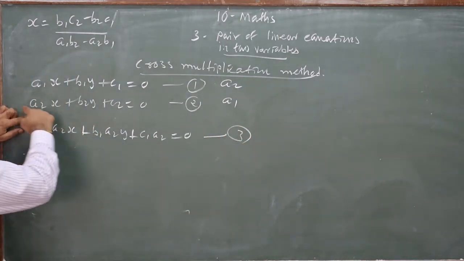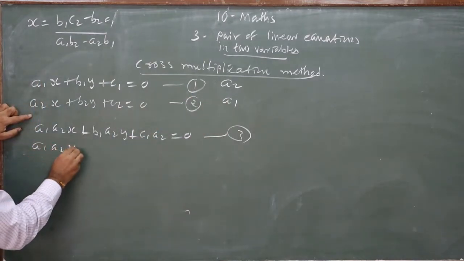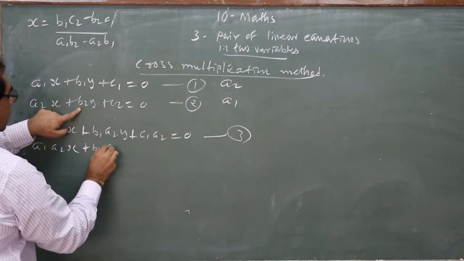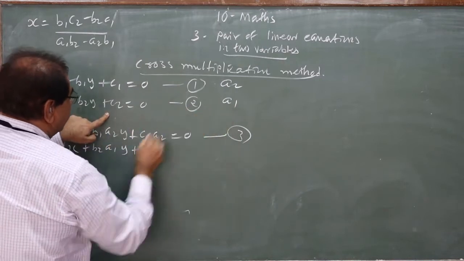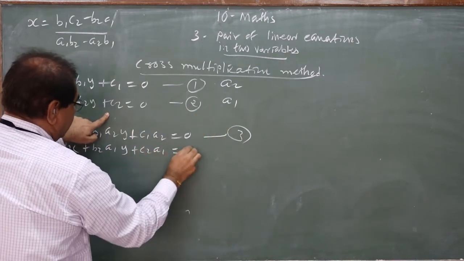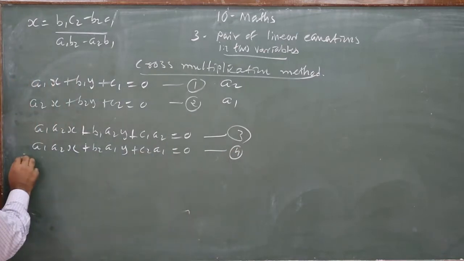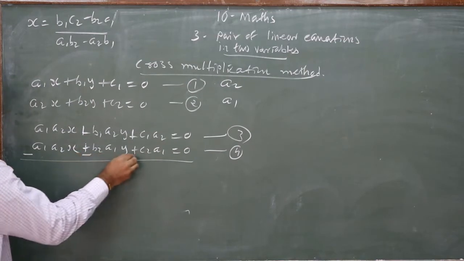Similarly, this equation is multiplied by a1, so it is a1 a2x plus b2 a1y plus c2 a1 is equal to 0, equation number 4. Again I take the difference of equations 3 and 4, so minus, minus, minus.